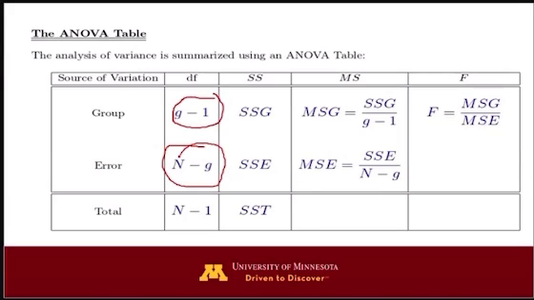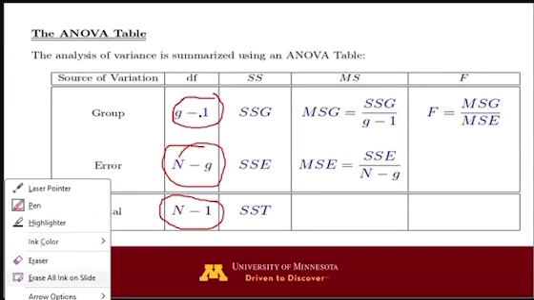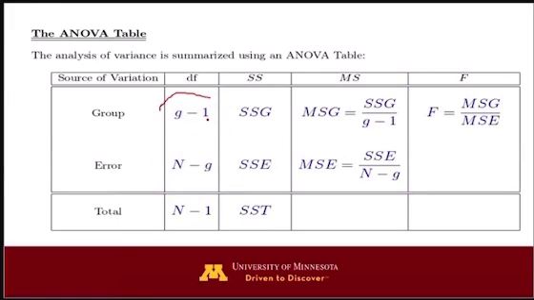What is n? N is the total sample size across groups. G is the number of groups. After that, you get the total number of observations minus 1. Let me also tell you this: if I add the first two together, it is equal to the third.